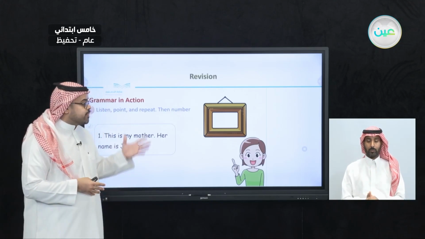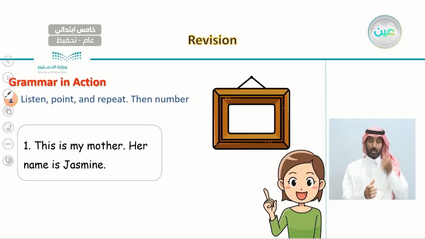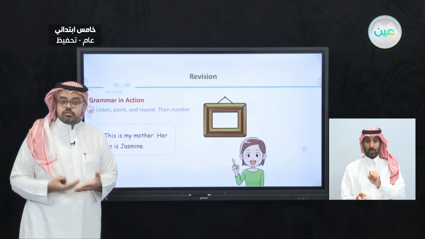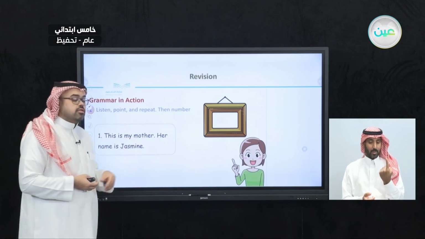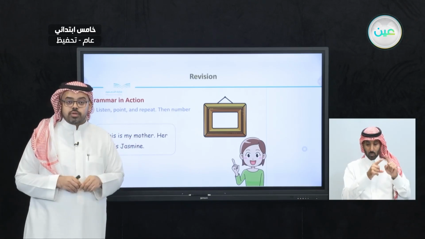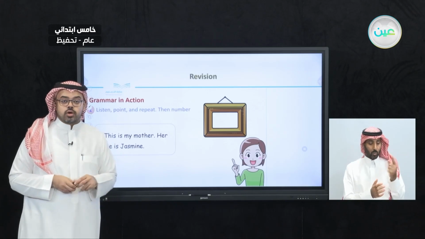So for example, in the first one, she pointed at her mother and said, this is my mother. Her name is Jasmine. And in this case, we wrote number 1 at the right blank.